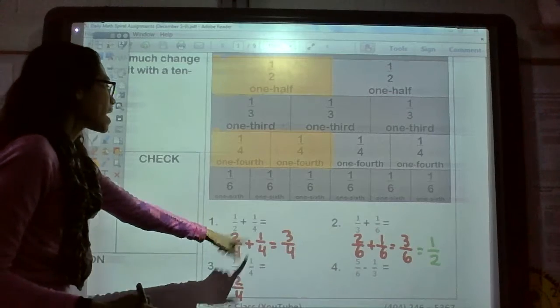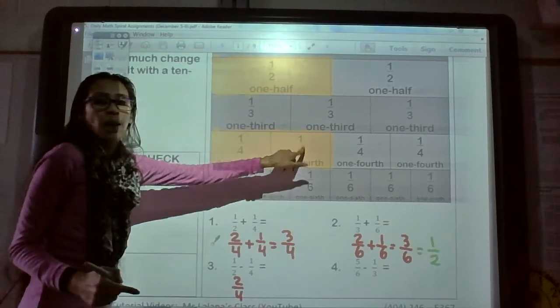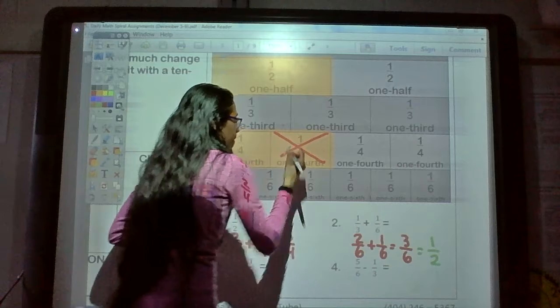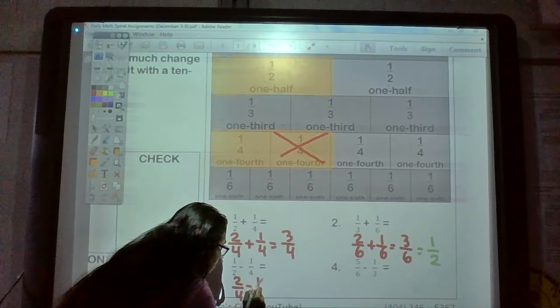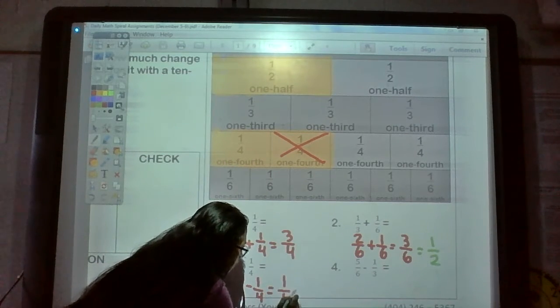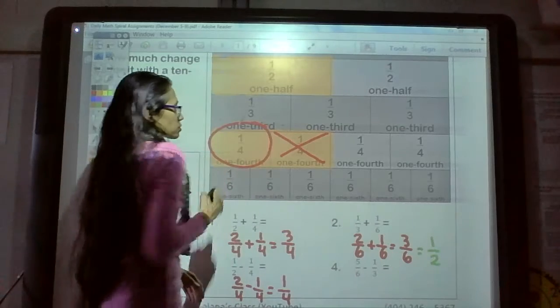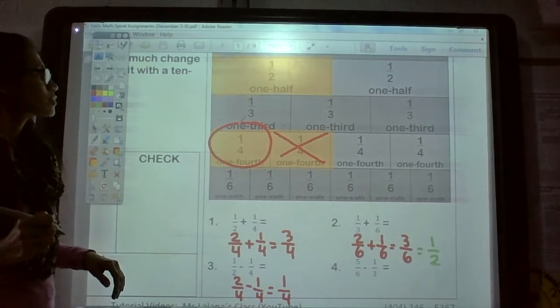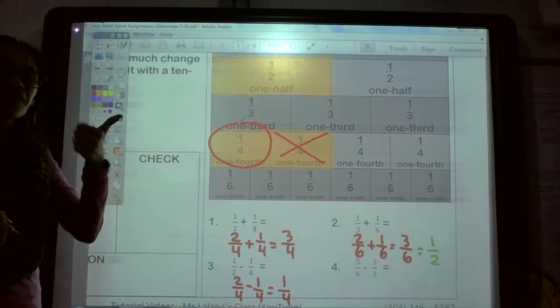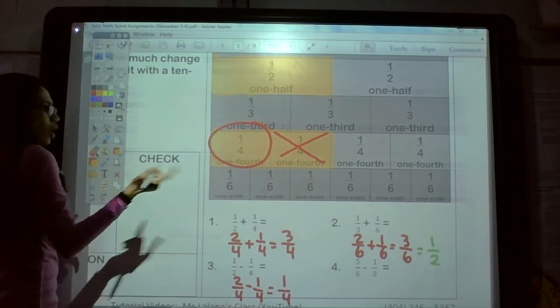If I take away 1/4, I'm going to take this away. What's left? 1/4. That's what we have left right there. Okay, thumbs up if you got that. Very good. All right, on to number 4.